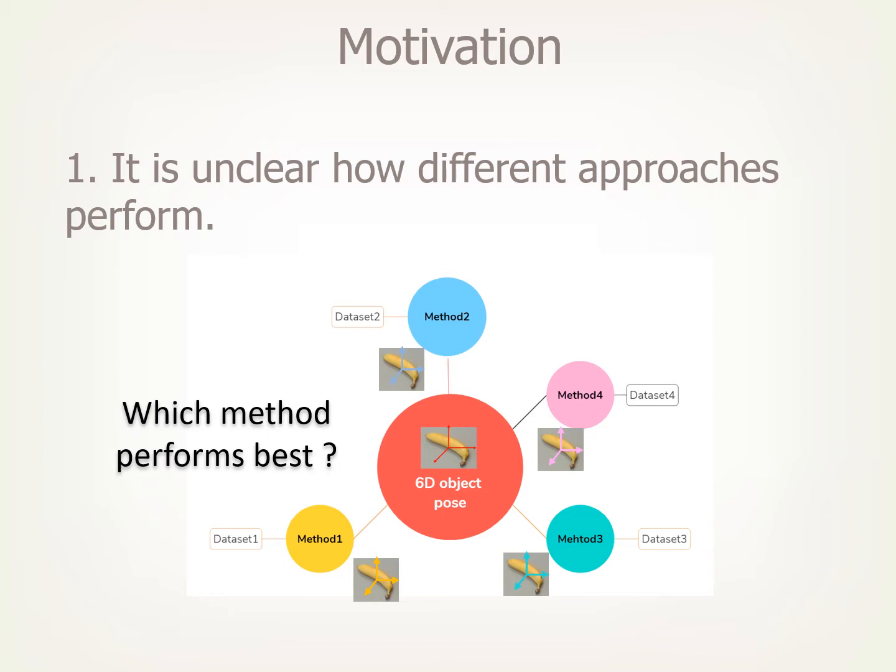Firstly, even though more and more algorithms aiming to estimate the object pose have been proposed, it's unclear how well these methods perform. This is because new approaches are usually compared with only few competitors on a particular dataset.